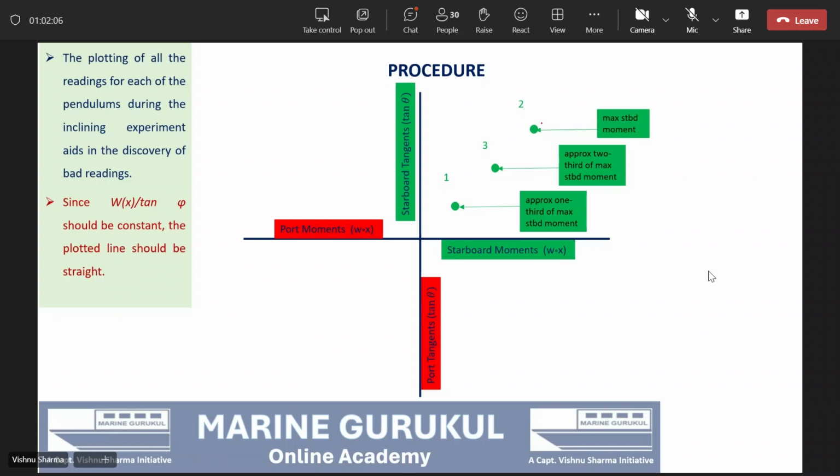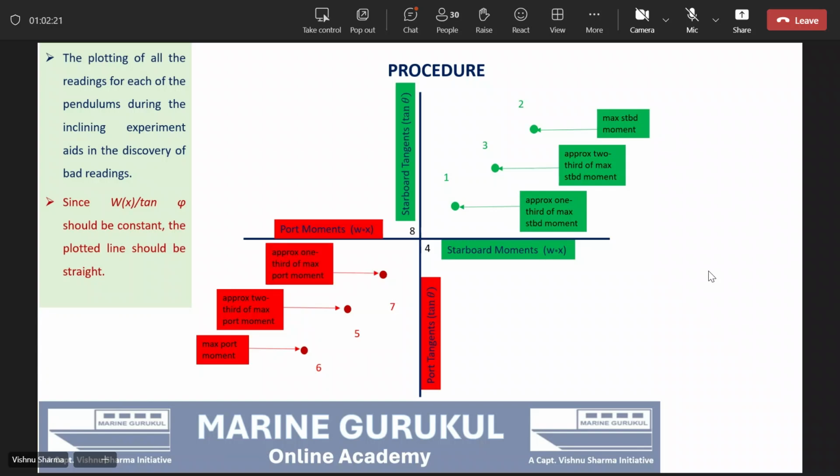Now you shift the second also back, and you come to the origin as the 4th point. Then 5th goes here, and 6th comes here. Then you put the 5th one back, 7th, and now you have the 8th coming here. And when you join all these points, you should ideally get a straight line like this.